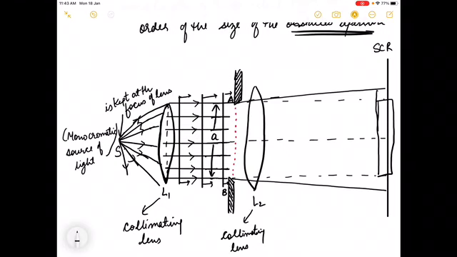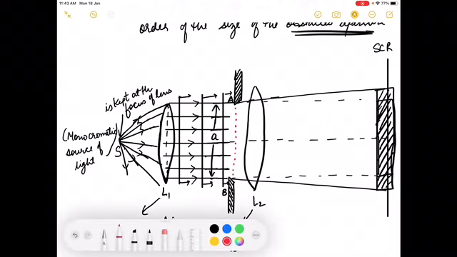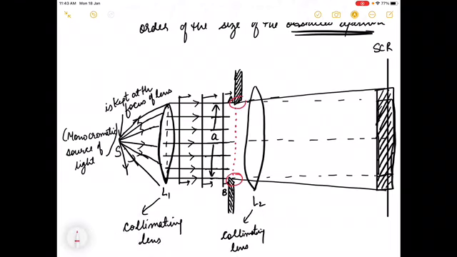We will see this much central bright fringe, I hope everybody agrees with me. We see this much because there is a bending over here. The light ray is supposed to bend over here.